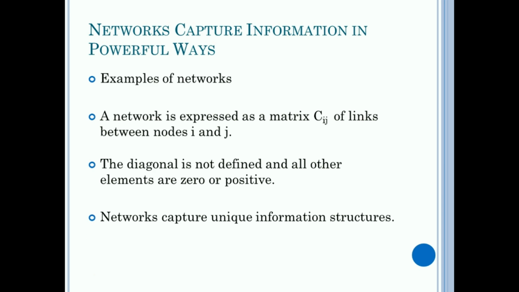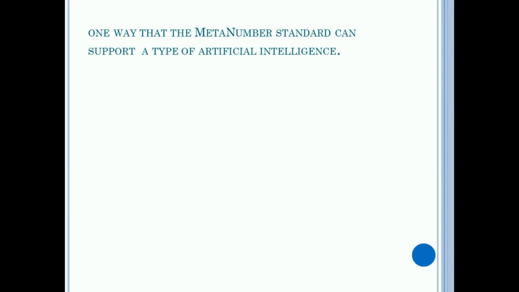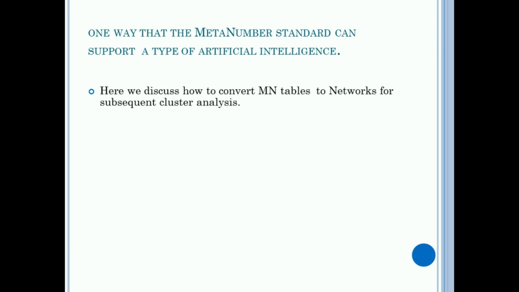And networks capture very unique information structures. It's one of the most powerful mathematical concepts and also one of the most difficult to analyze. Well, this is going to be one way that we're going to show how MetaNumber can support a new type of artificial intelligence.